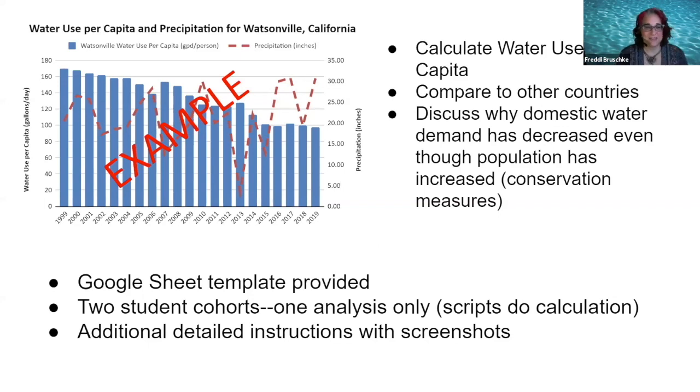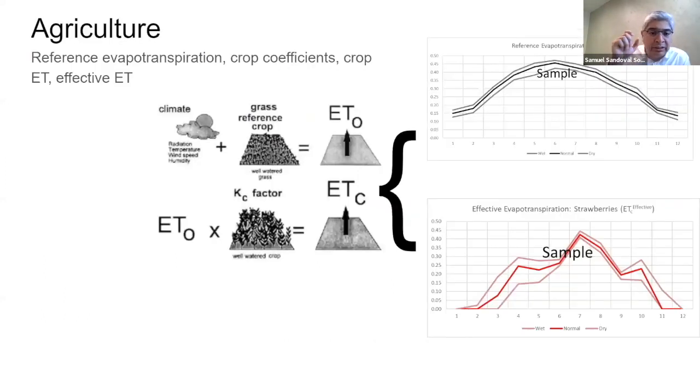Okay. Anything else about domestic that I missed, Sam? No, I think it's good, but something we are not really seeing is that it will go into details. We use data from the agency to estimate the different water use per capita.